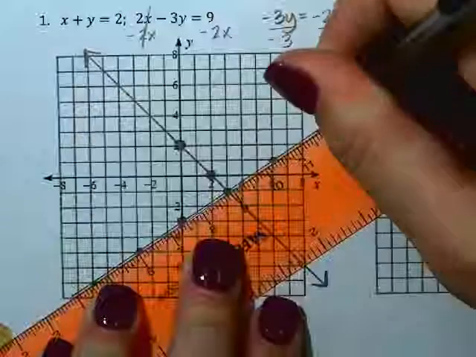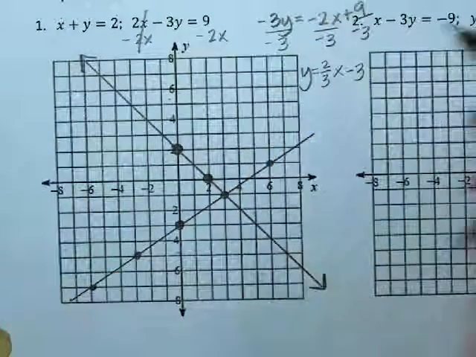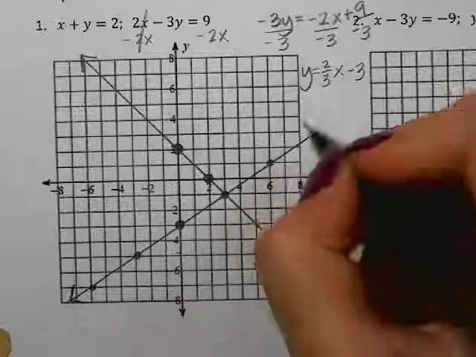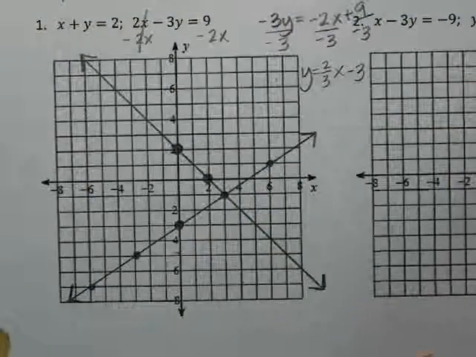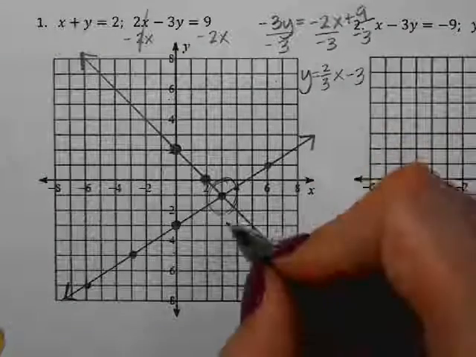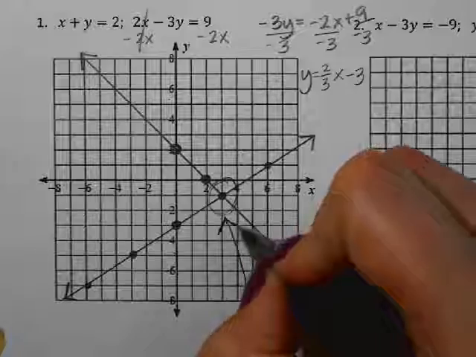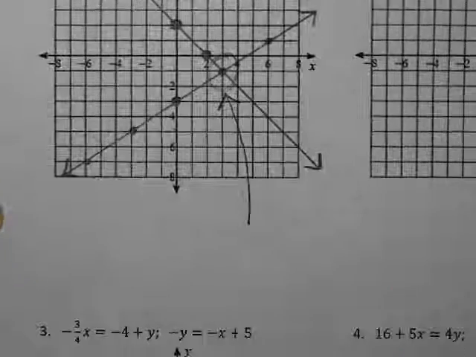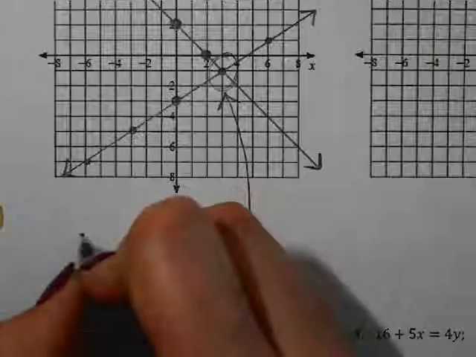So once you have graphed a system of equations, in this case, then the solution for that system is where the two graphs cross, okay? So I'm going to write a note to myself. The solution is where the two graphs cross.